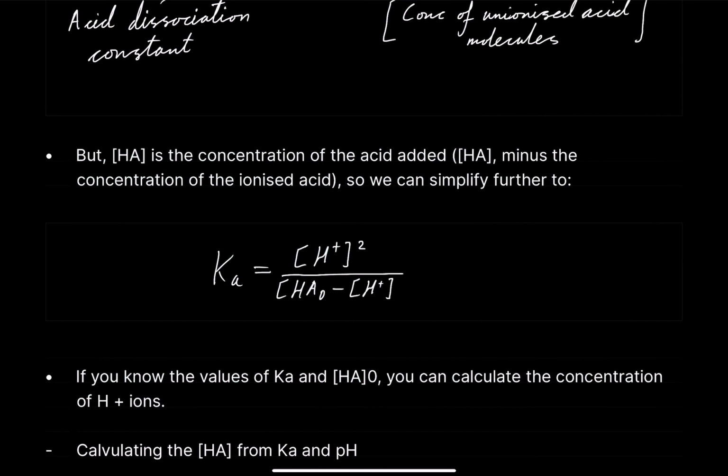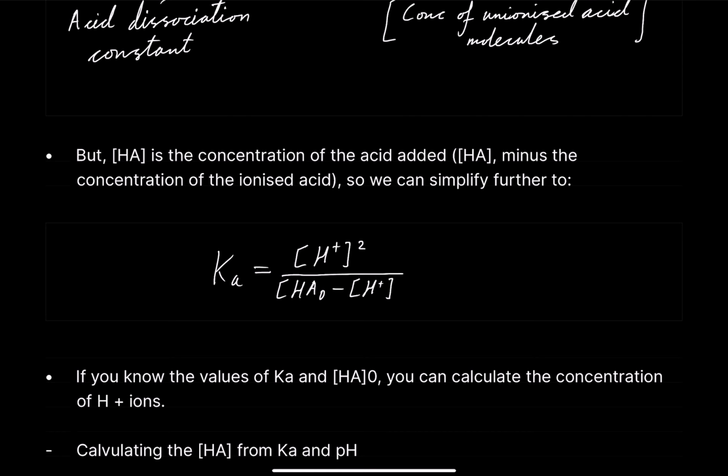Sorry about that. But HA is the concentration of acid. HA is the concentration of the acid added. So there are situations where you can make a buffer, or you add acids to your solution, and HA is the concentration of acid that's added.